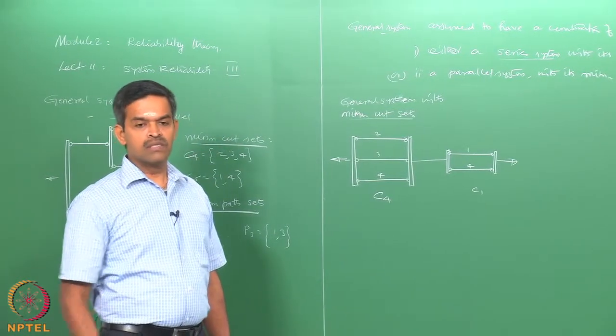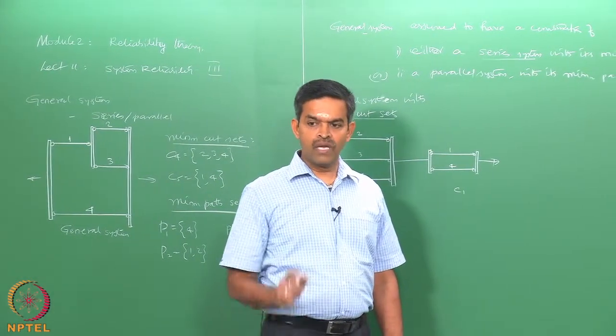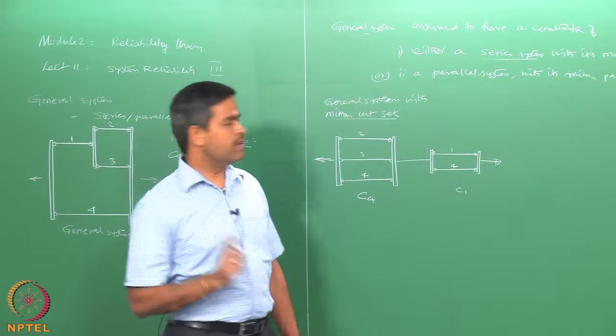Please understand, a system which is in series is said to have failed if any one component of the system fails. Okay?